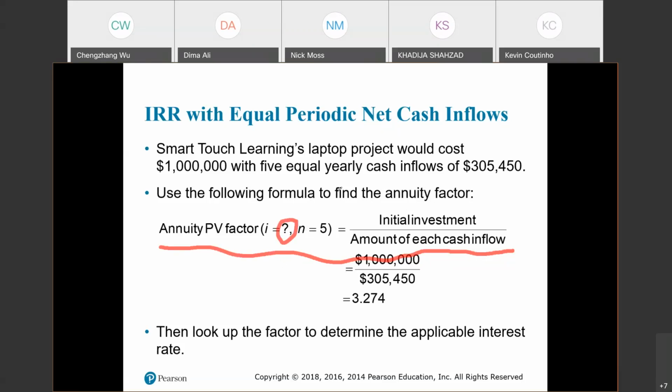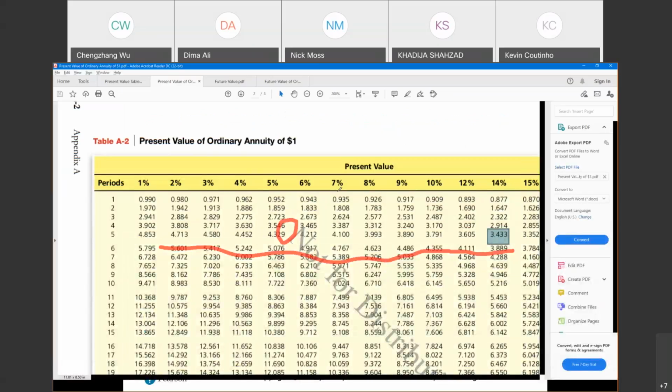So finally, we need to find the interest rate from that table. We need to use the present value of ordinary annuity table. That is table number 2.